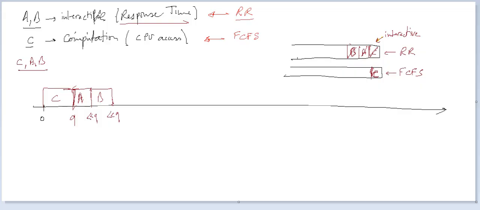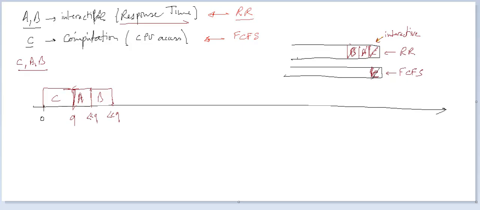So in the meantime, in the first queue, the round robin queue, there are no processes left, so the system is going to choose processes from the second queue.